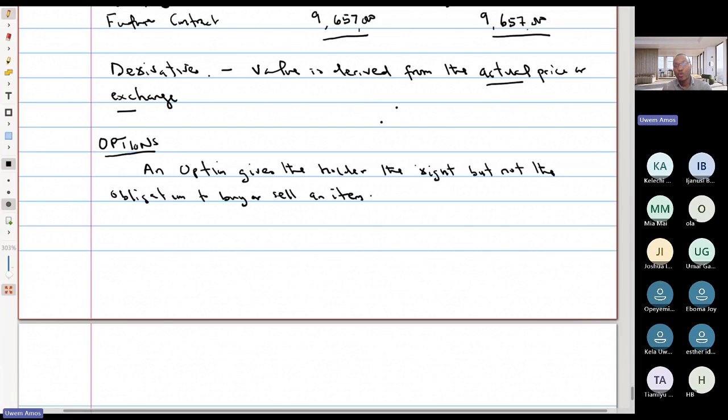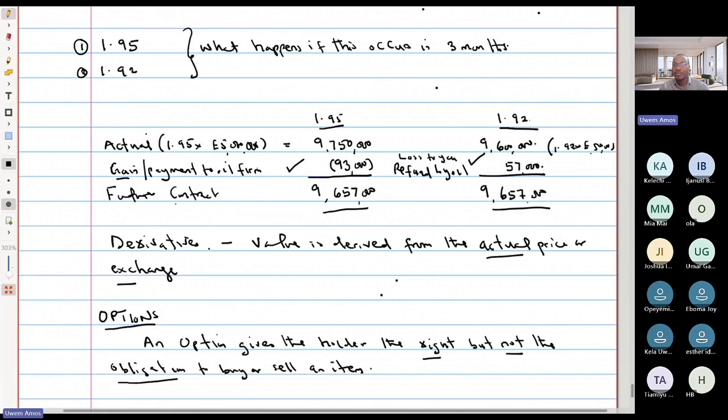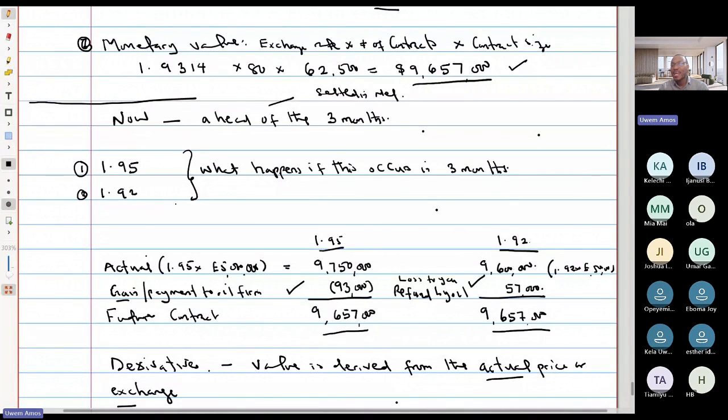So what that means is that you have the right, but you are not obligated. So the implication for you is that if it favors you, you go ahead with the deal. If it doesn't favor you, you pull out.